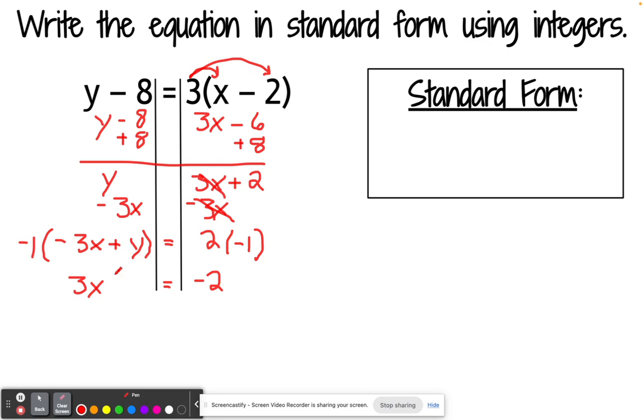Negative 1 times y is negative y. Now I have it in standard form. 3x minus y equals negative 2. So if I asked you what a, b, and c were, a is 3, b would be negative 1, c negative 2.